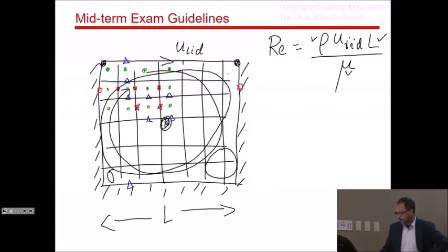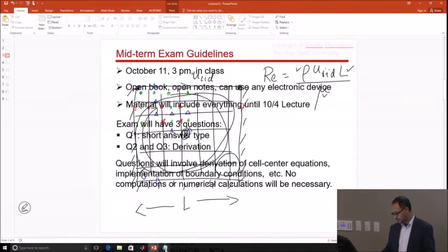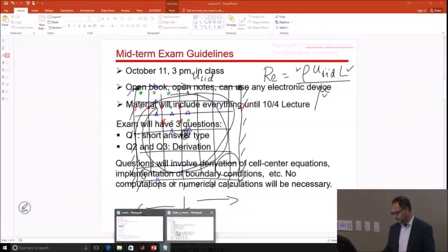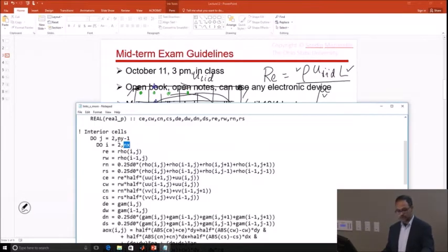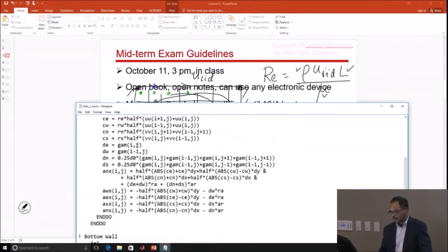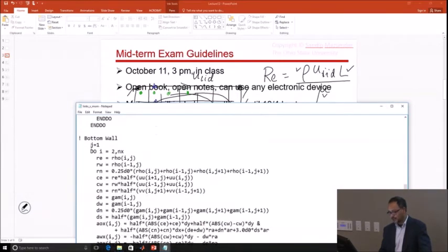I'm not going to the last row and the first row. Why? Because they need special treatment for boundary conditions, because those equations are different. These equations that I just showed you are applicable only to interior nodes. They are not applicable to boundary nodes. That's why I'm going from 2 to ny minus 1. For 1 and ny, I have a special treatment.